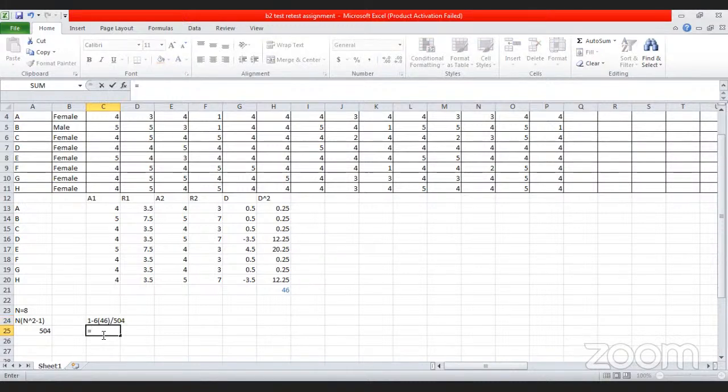That is 0.46. So the correlation is 0.46. That is not very good correlation, but this is the moderate level of correlation.